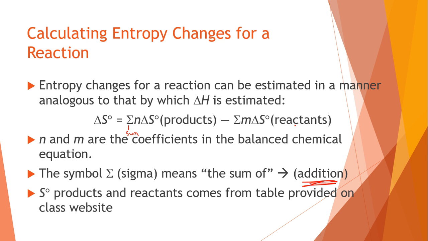So it's always products minus reactants. The values n and m are the coefficients from a balanced chemical equation. These delta S values are going to be given to you in the same handout that I gave you for delta H values, and it can be found on my class website.